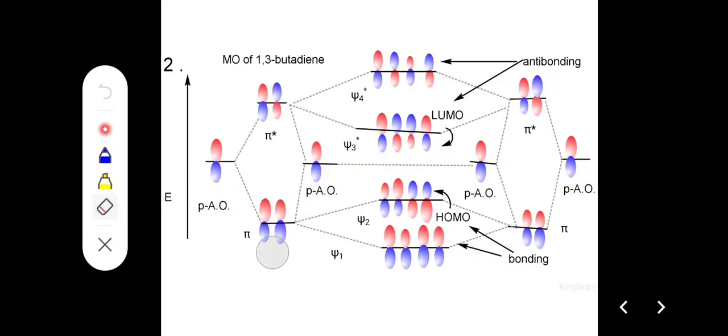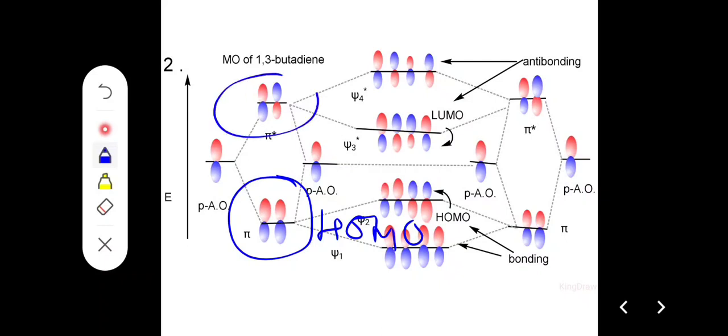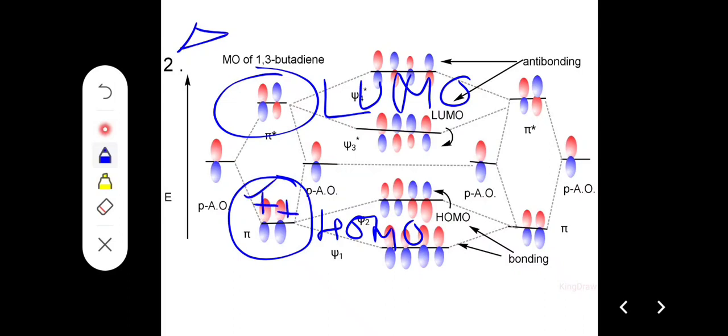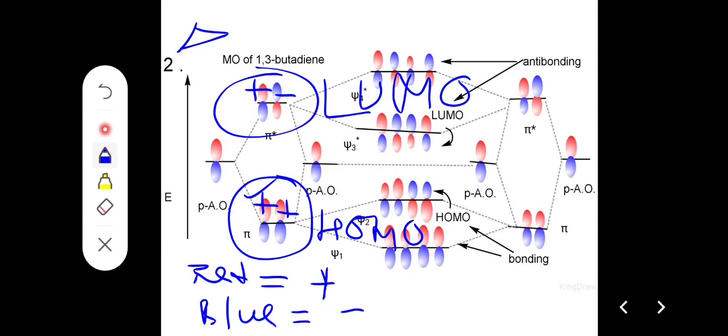This is the HOMO of ethylene, and this is the LUMO of ethylene when we consider it thermally. Their phases are defined: if we take red as the plus phase and blue as the minus phase, then the phases do not overlap properly.